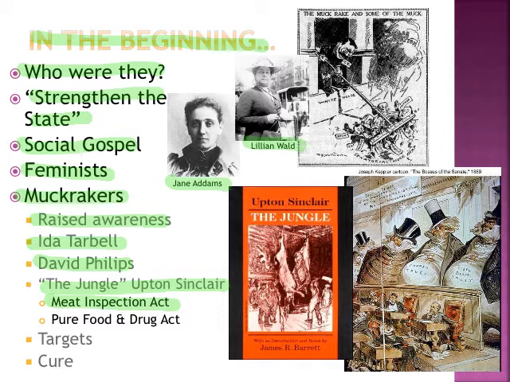So all meat will be inspected. Okay? And another one called the Pure Food and Drug Act. This act requires that all ingredients be listed. So whatever these companies are putting into your meat or your vegetables or your medicine, whatever, has to be listed. They have to tell you exactly what's going into it.